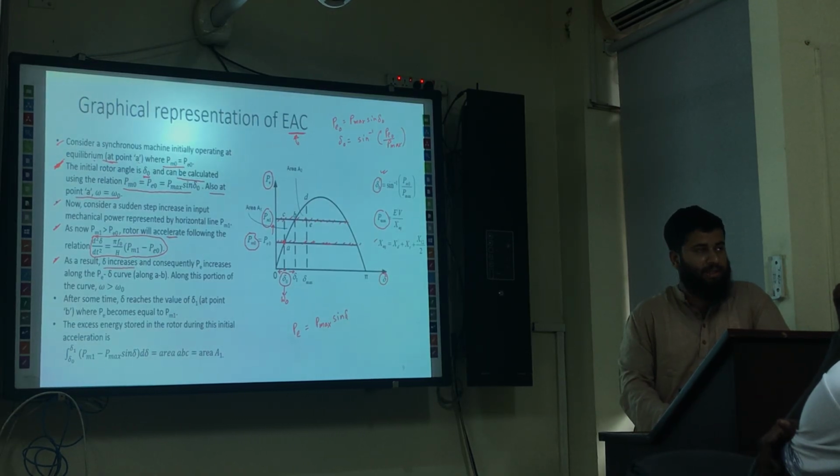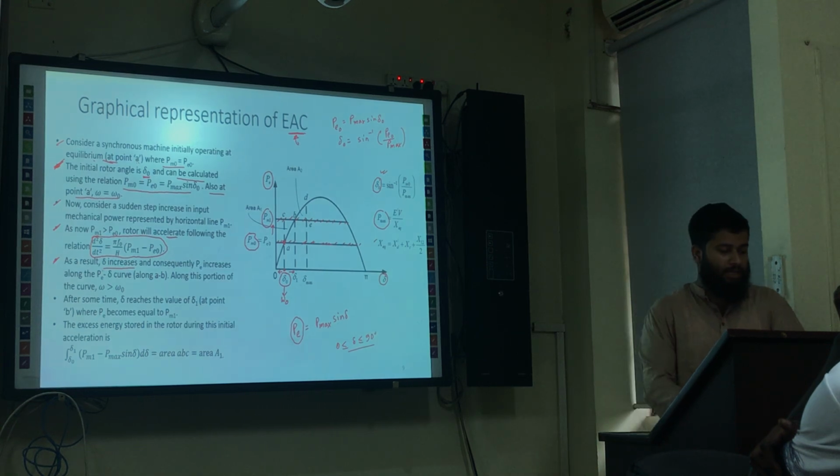So if delta increases, P will also increase. Actually this is true for this range. If your delta is up to 90 degrees, then with the increase of delta, you will get an increased value of P. That's why, as a result, delta increases and consequently P increases.